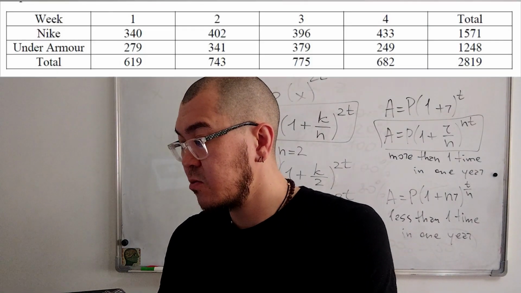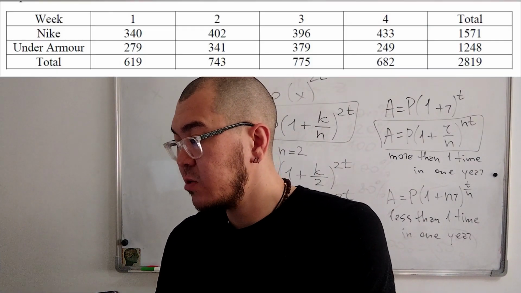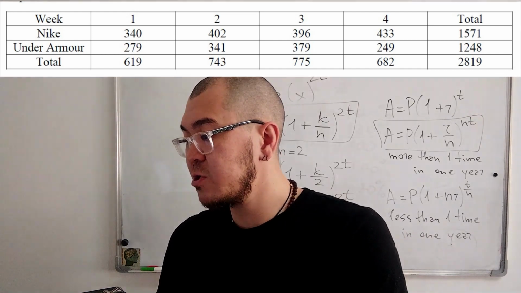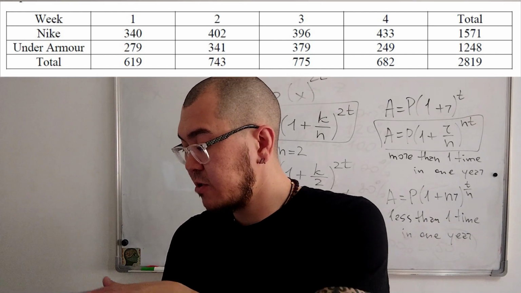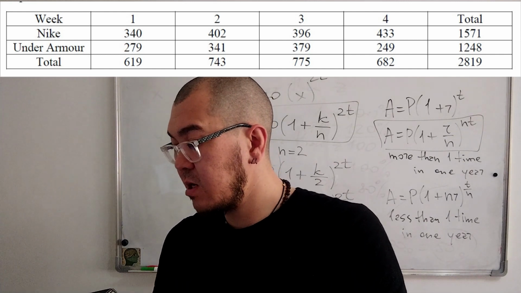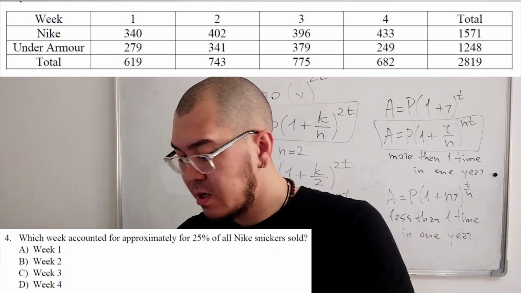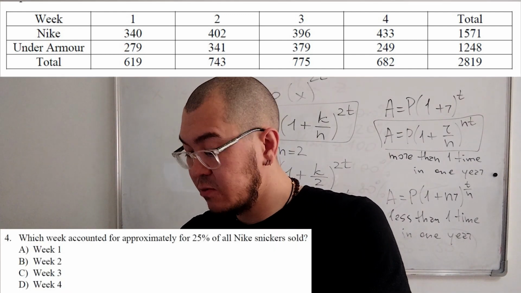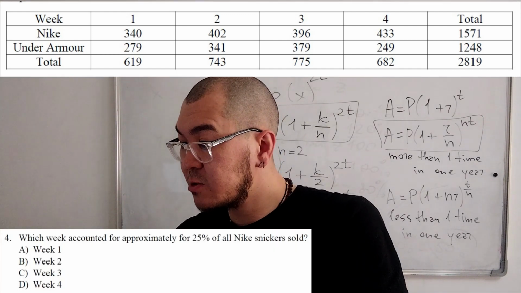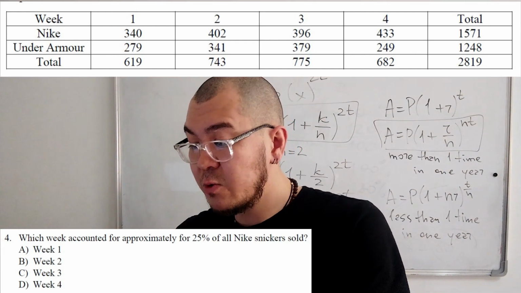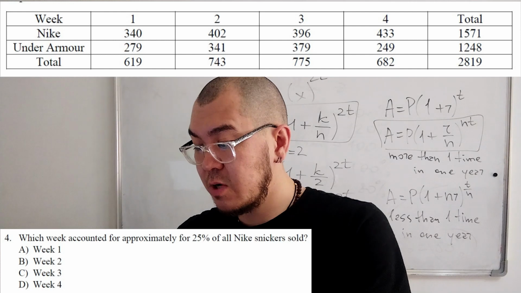Week 1, we divide the amount of sneakers sold in the first week, 340, by 1,571, and we get approximately 22%. So week 1 is not correct.